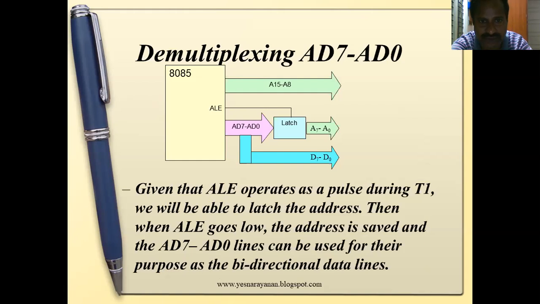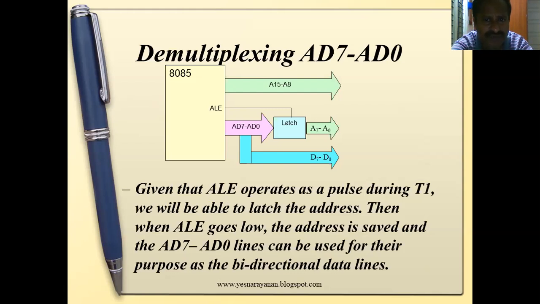But the lower order data and address bus AD0 to AD7, initially at T1 state, carries address. This address must be latched or stored somewhere. So using a digital latch we store these AD0 to AD7.